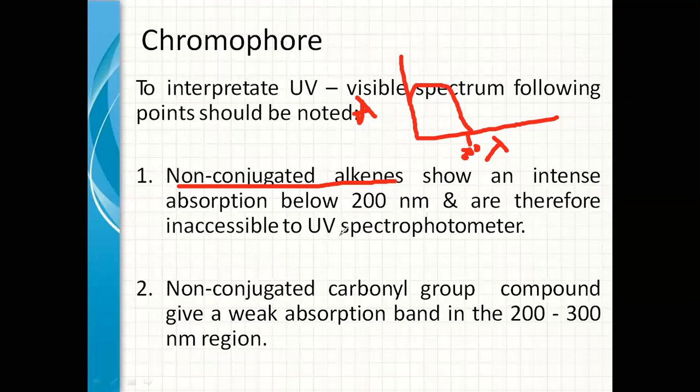Non-conjugated carbonyl group compounds give a weak absorption band in the 200 to 300 nanometer region. Here they give an absorption peak.